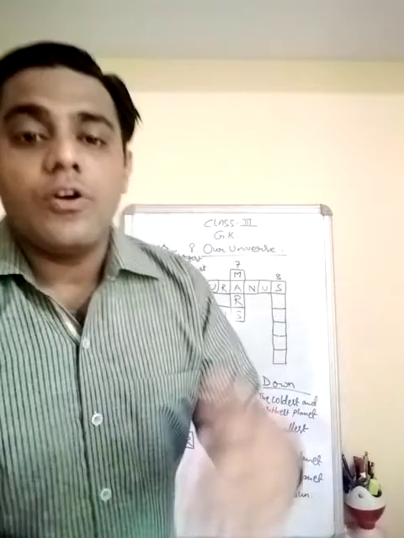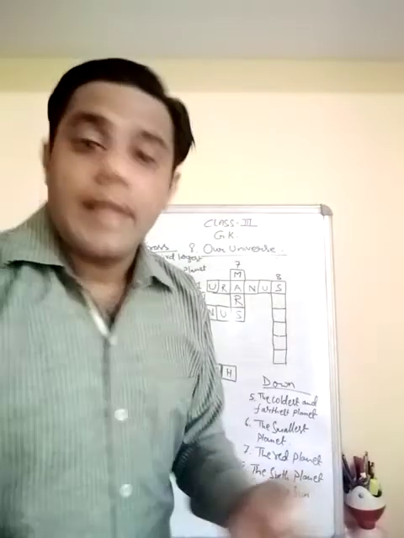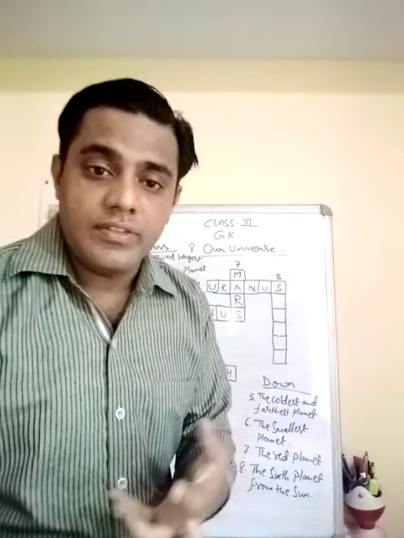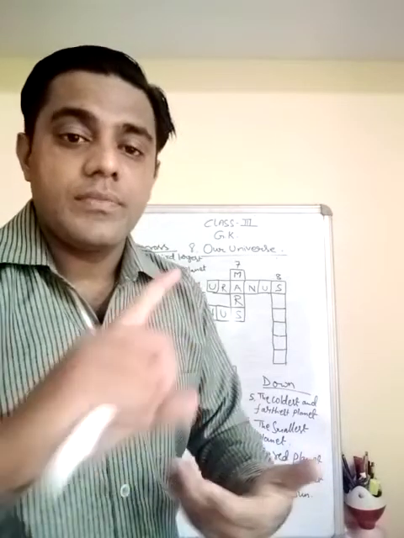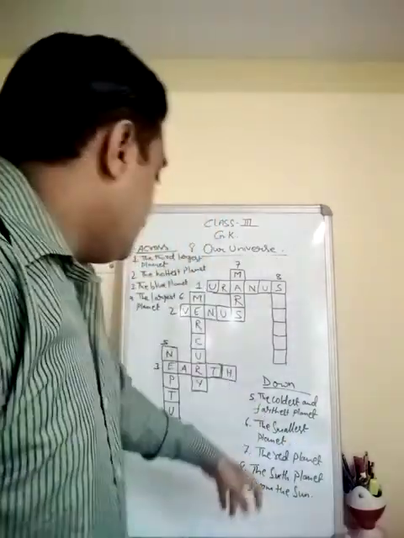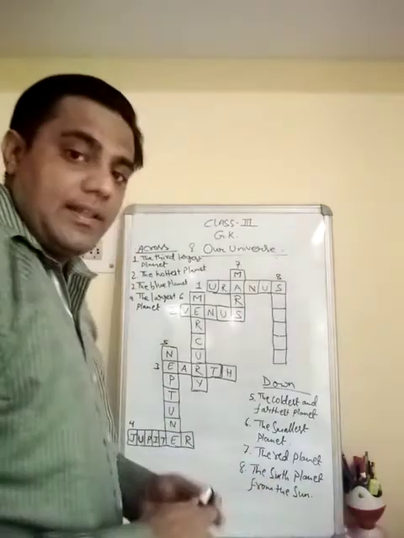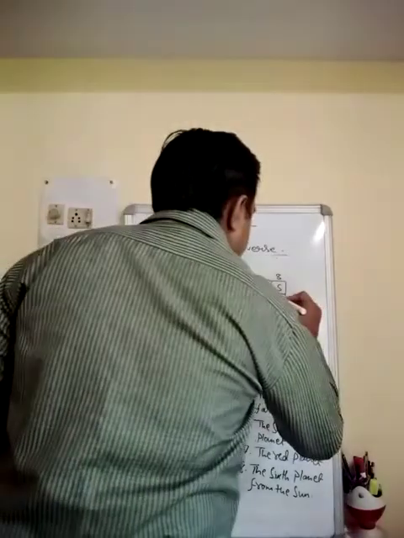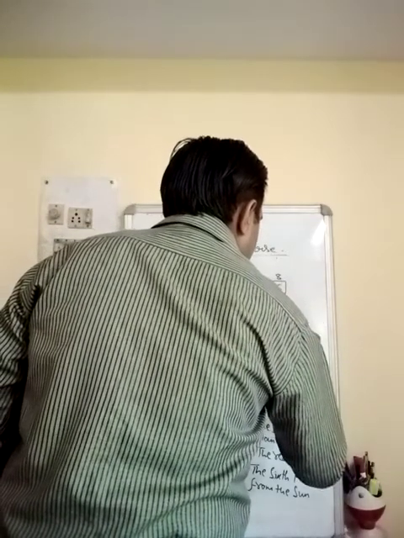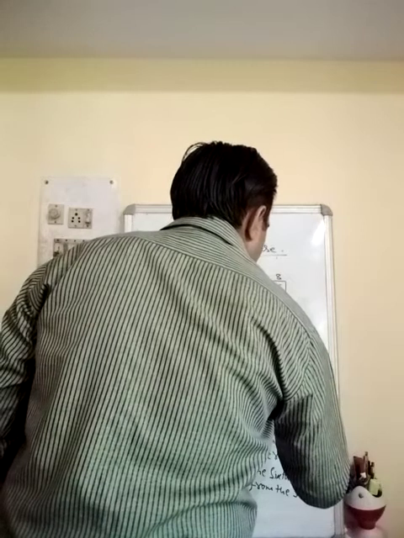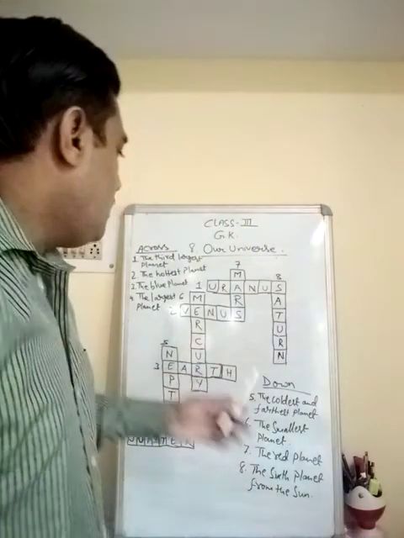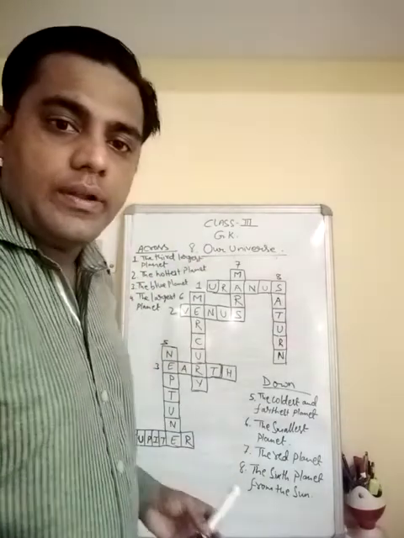This list is according to their position from the sun. Mercury is the first, Venus is second, Earth is third, Mars is fourth, Jupiter is fifth, and Saturn is sixth. And you have here the 6th planet from the sun. So that would be Saturn. S-A-T-U-R-N. Saturn.